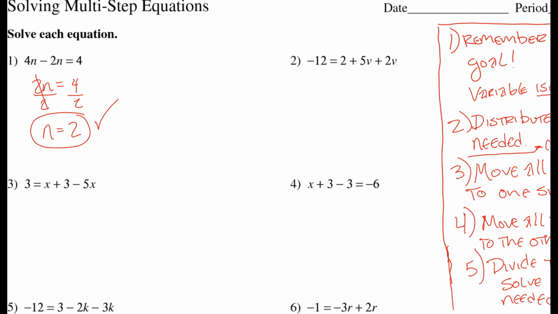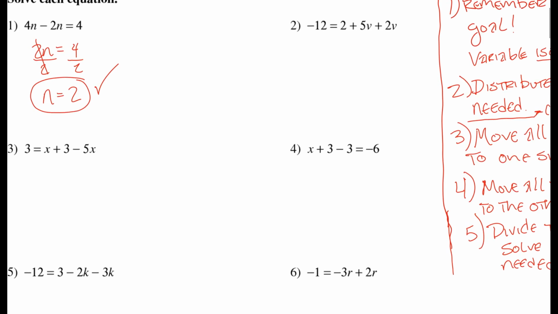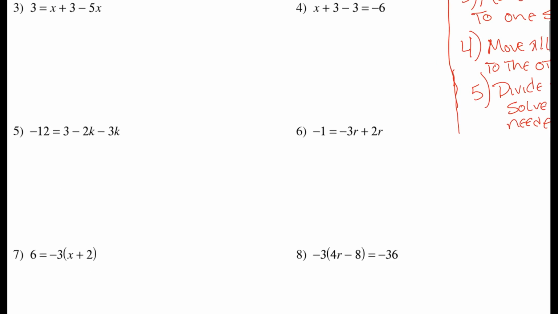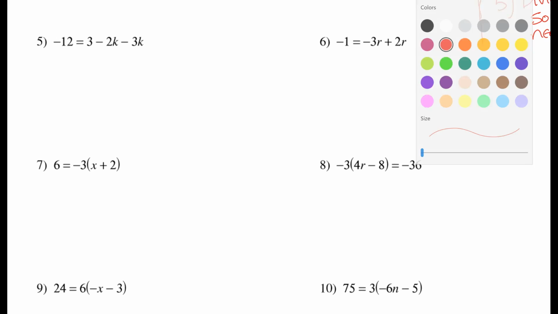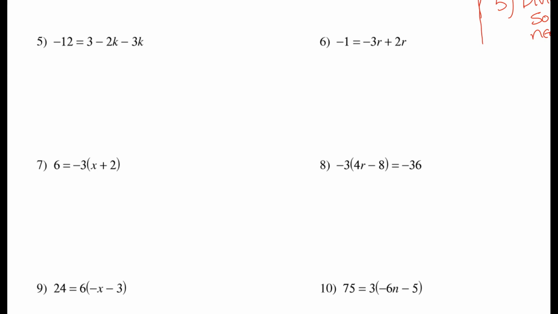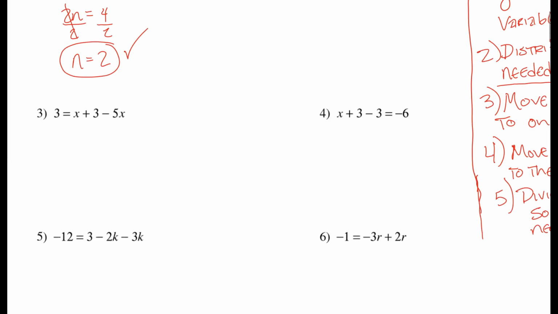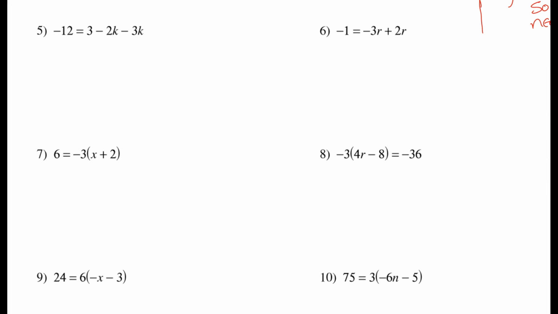So that's good. Now, we're going to go to number 5 really quickly. And we're going to do a couple more complicated ones. But again, you're doing this the majority of the page on your own. Step number 1, remember the goal. What do we want? We want k by itself. So I go to step 2, distribute if needed. There's no distribution in this problem, so I don't need to do anything.